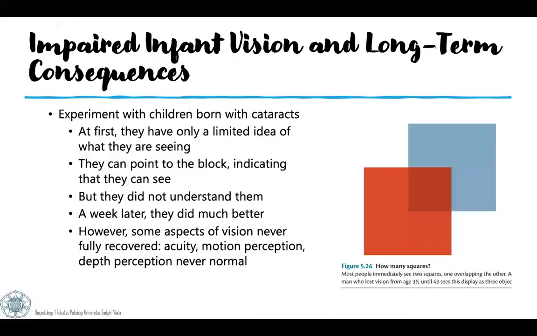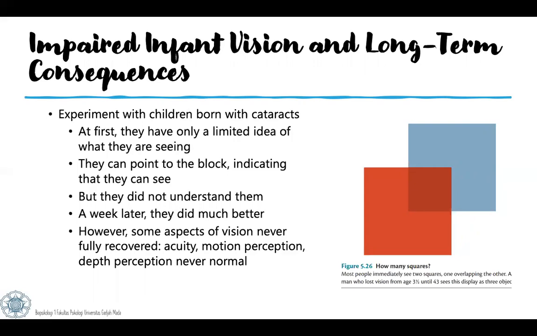All right, let's continue to impaired infant vision and long-term consequences. In some countries, maybe including Indonesia, a newborn with dense cataracts may have to wait years for surgery to enable vision. When the cataracts were finally removed, researchers asked the children about their experience. At first, these children had only a limited idea of what they were seeing.